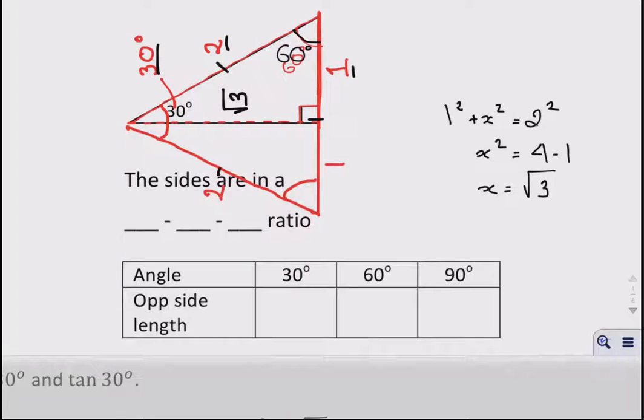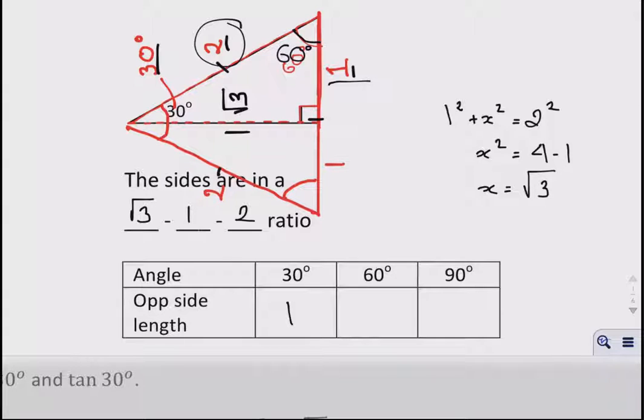Okay, the opposite side here is 1. My hypotenuse here is 2. My base here is root 3. So we say that this triangle is in a root 3, 1, 2 ratio. The side opposite 30 is 1.